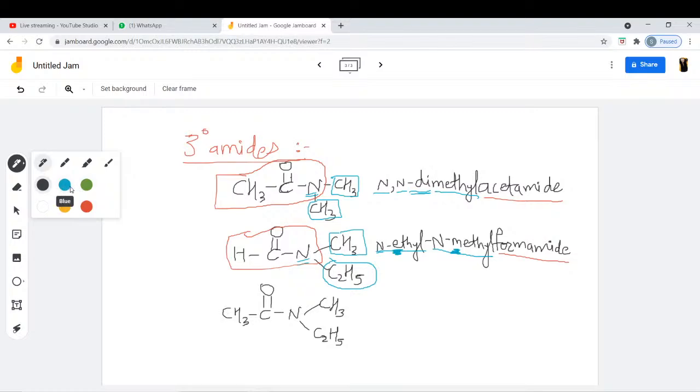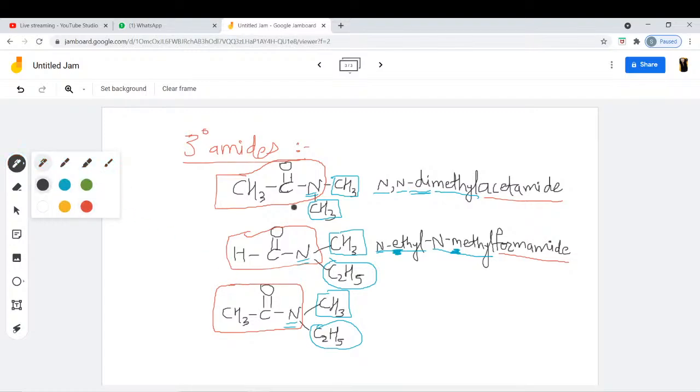To this nitrogen, a methyl group is attached and an ethyl group is attached, similar to the above example, and here this is your amide.